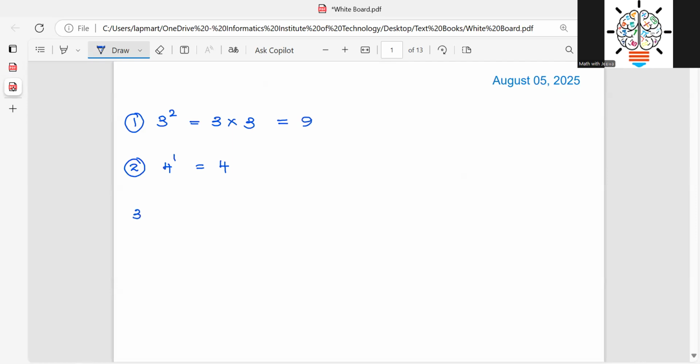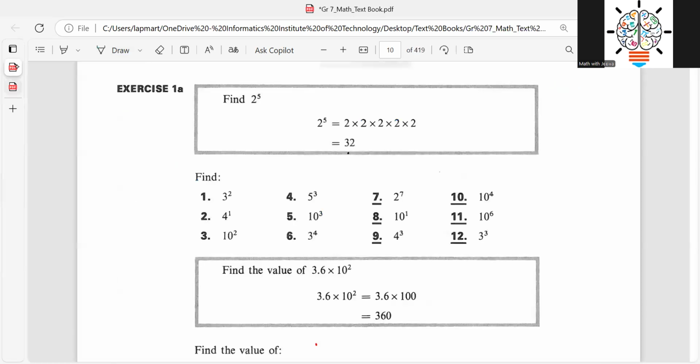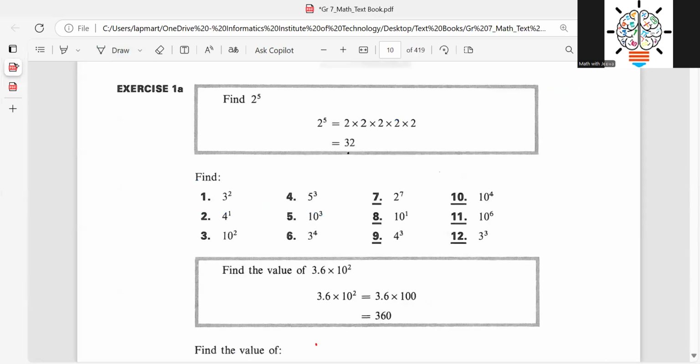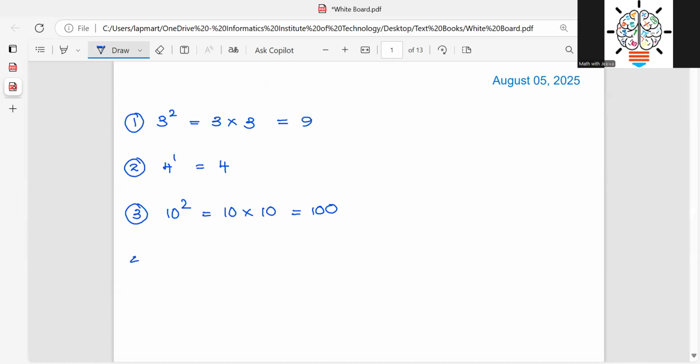Question number 3, we have 10 to the power 2. 10 to the power 2 is 10 multiplied by 10, so the answer is 100. Question number 4, it is 5 to the power 3.